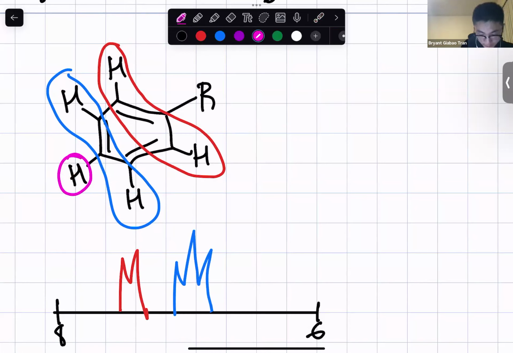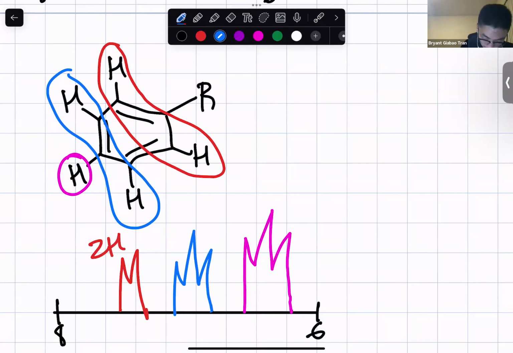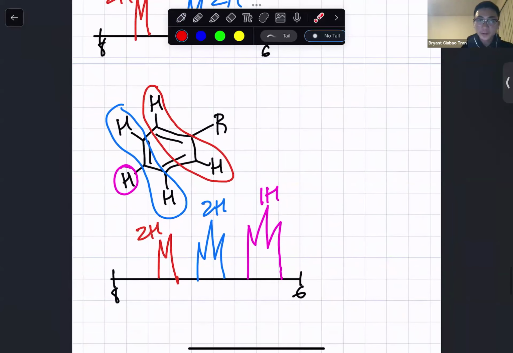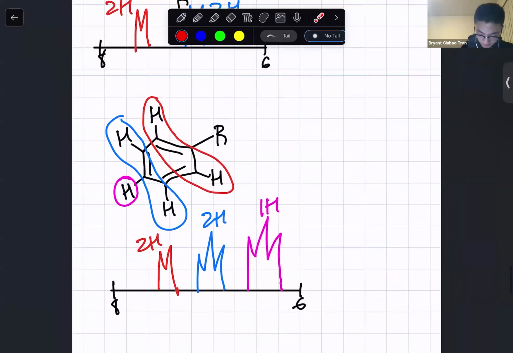Oh wait, actually 2 neighbors, one here and another here, so that should also be a triplet. The red hydrogen peak has 2 hydrogens, the blue hydrogen peak has 2 hydrogens, and the pink hydrogen peak has only 1 hydrogen. So this is the pattern you see if there are no other R groups attached to the benzene ring.